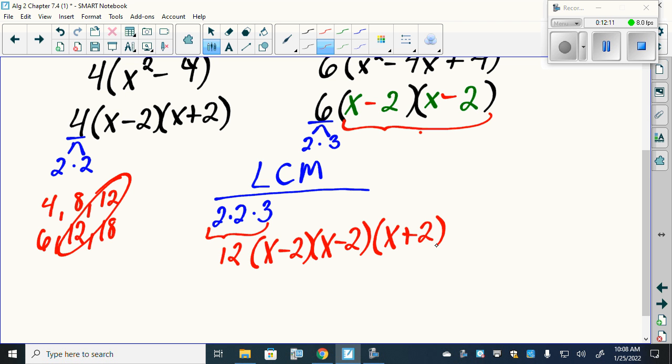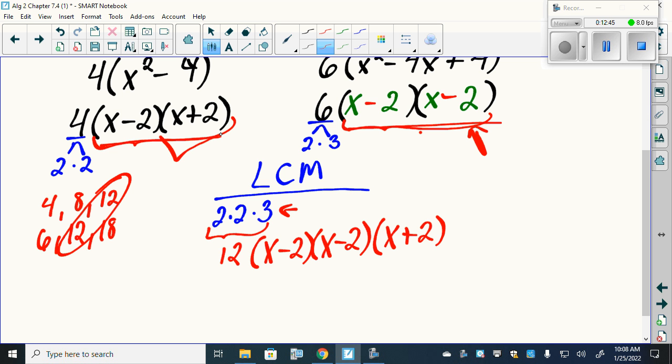Anything else? That's it. Because we can do the exact same thing we did with the 2, 2, and 3. Because if I look to this one here, well, this one has an x minus 2 twice. This one over here has an x minus 2 once, so I will need 2 of them. Okay, that takes care of this entire one here. I look over here, well, this one has an x plus 2 once, so I need it also.